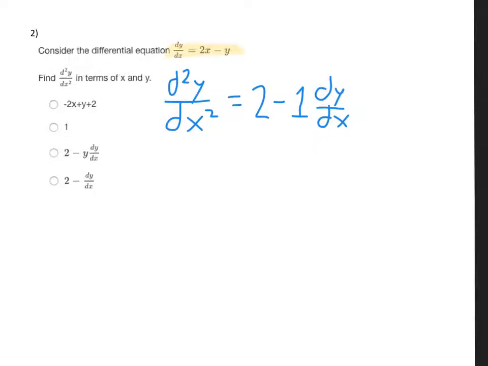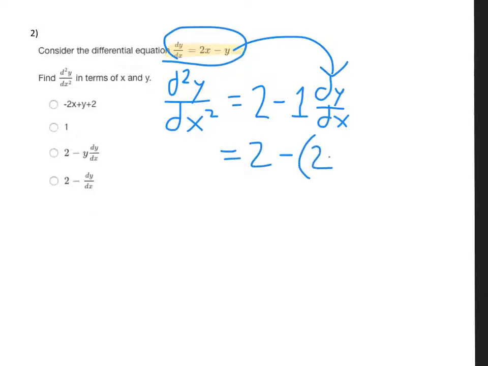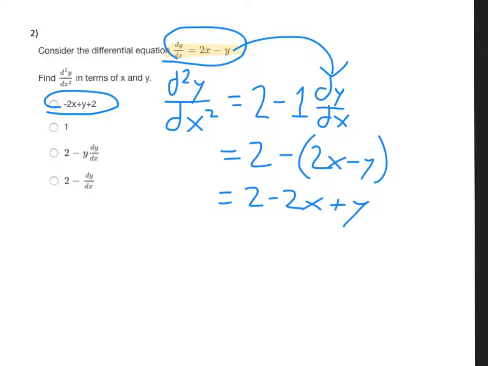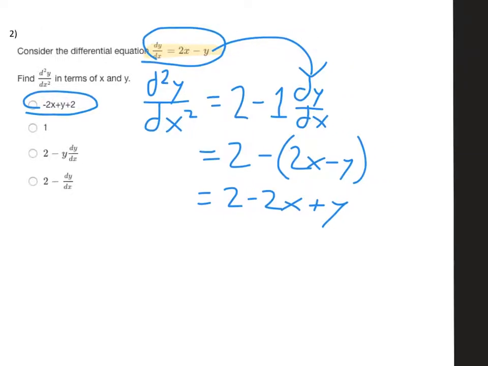So we plug that in for that dy dx: 2 minus (2x minus y). Then we distribute and we get 2 minus 2x plus y. And that would be this one. There's our answer to that, and on to the next piece.